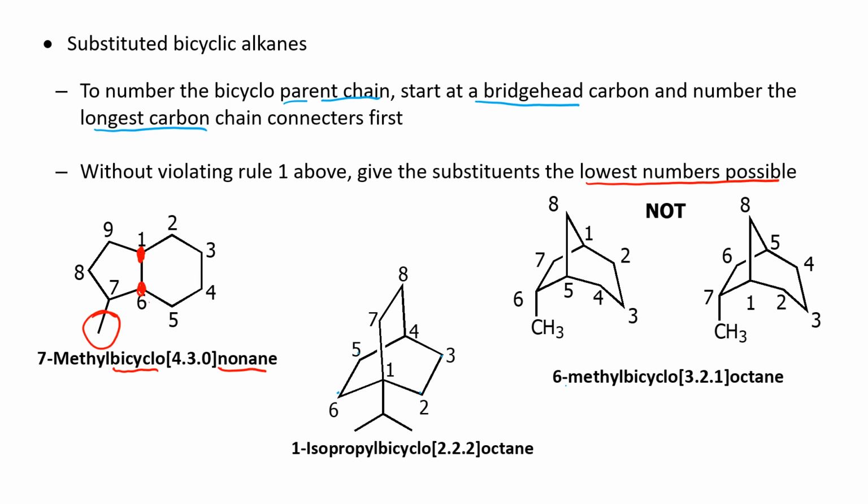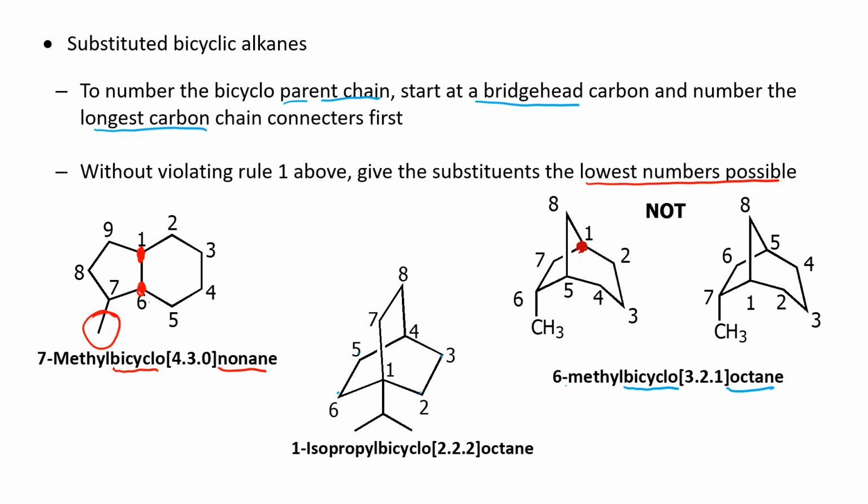In our next example, we want to count the number of carbons in the bicyclic system. 1, 2, 3, 4, 5, 6, 7, 8. So it's going to be some form of bicycloalkane. I've got a methyl. Now I just have to decide what the substituent number will be.